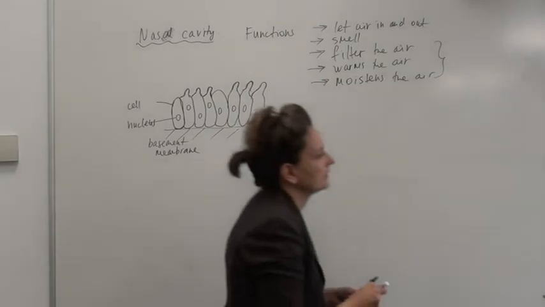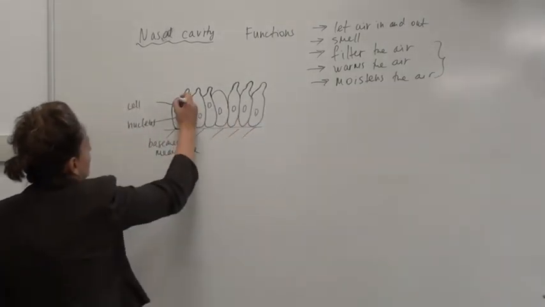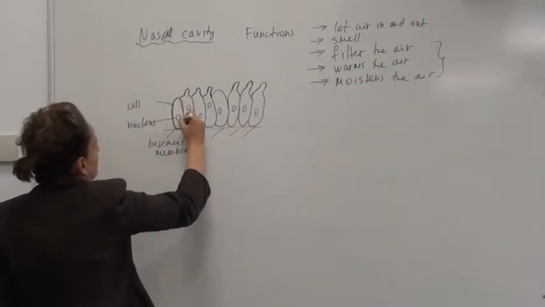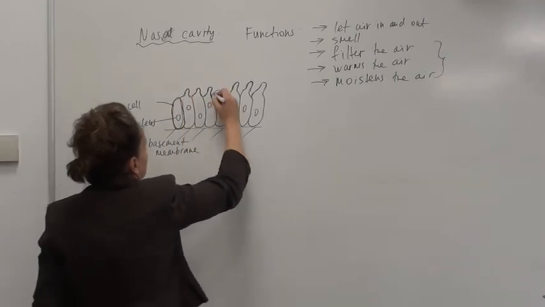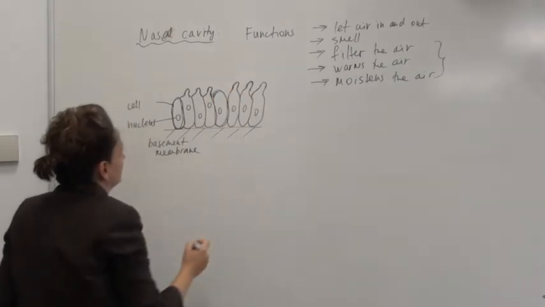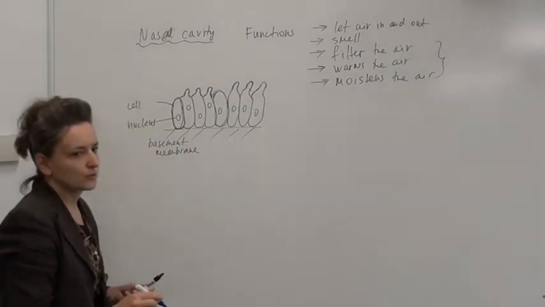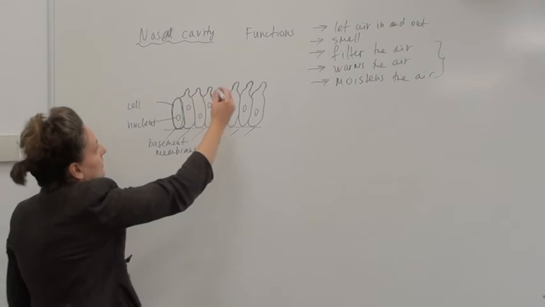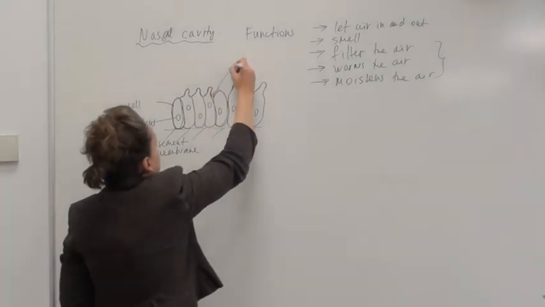So I'm going to highlight them in different colors. I've got one cell right here at the beginning which doesn't have a projection, and another cell here which again doesn't have a projection. Those special cells, which don't have projections, are called goblet cells.